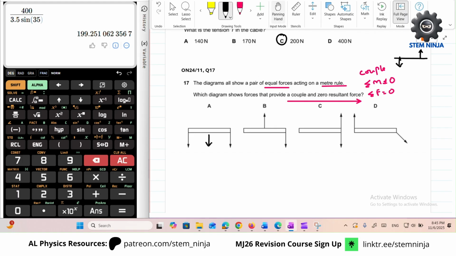So in this case, the resultant force is not equal to zero because they're both going in the same direction. Over here, no, this is also not true. They provide a couple and zero resultant force.